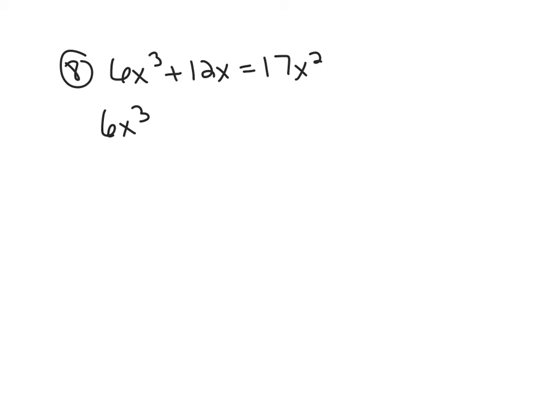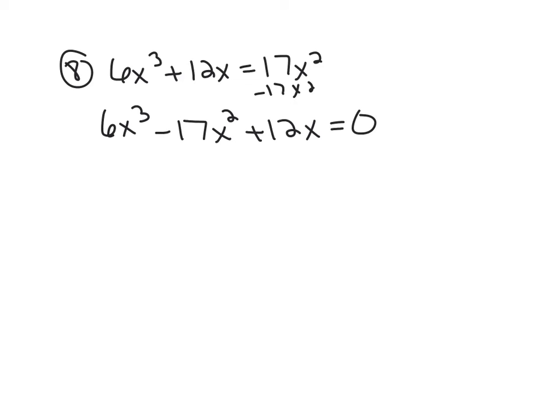All right, number 8. And at any time, hit pause, work these out, and come back to check. Like this one, for example. 6x cubed plus 12x equals 17x squared. Hit pause, try to work it out on your own. Now for this one, have to set it equal to 0. So 6x cubed, now I'm going to move, since I'm subtracting the 17x squared, I'm going to put it in order, because you definitely want them in order.